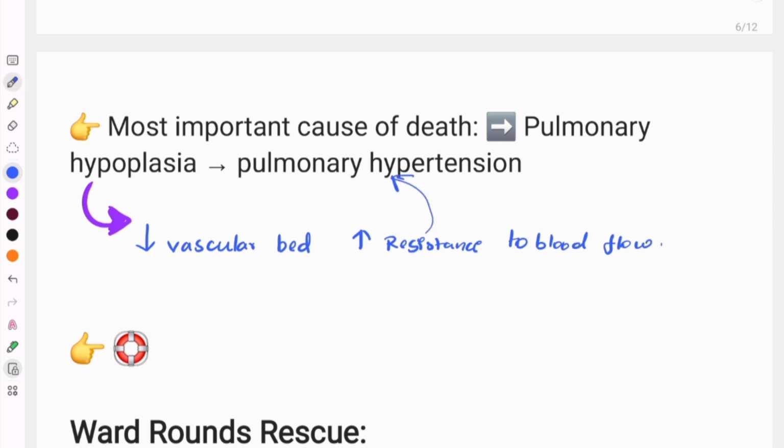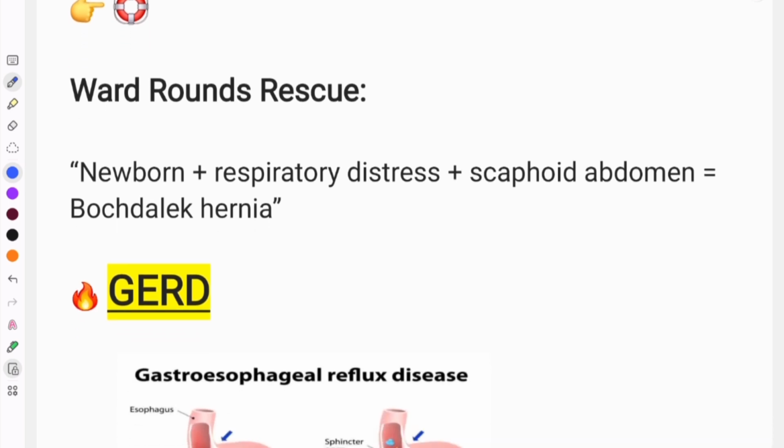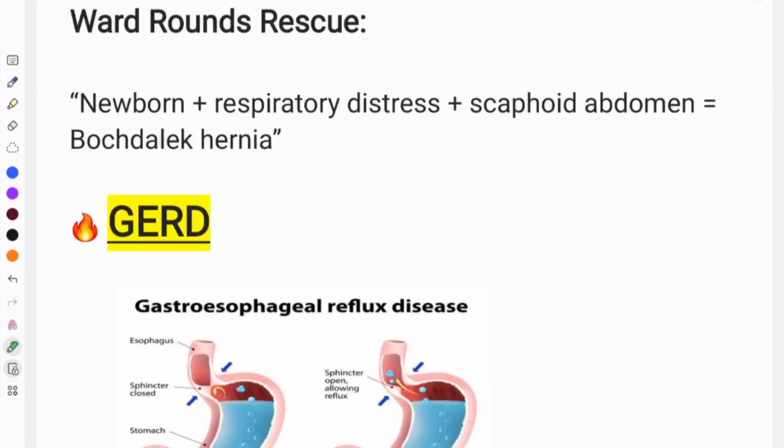Here's the exam tip: if you see a newborn with respiratory distress associated with a scaphoid abdomen, you think about Bochdalek hernia.